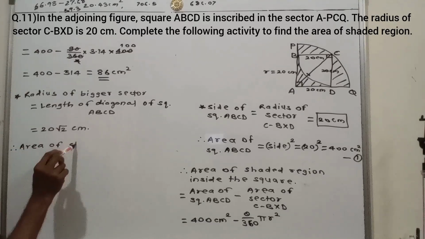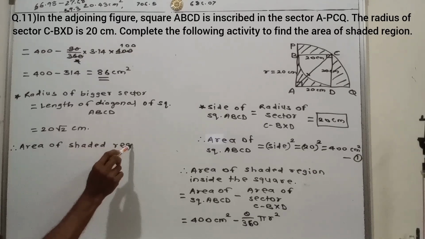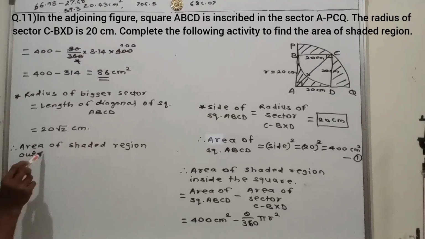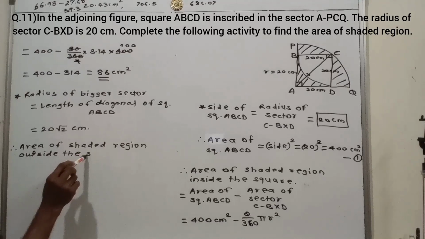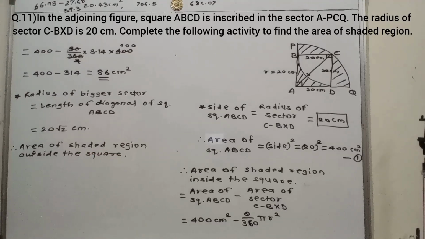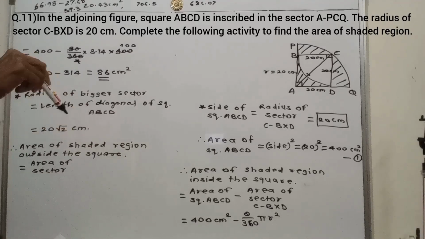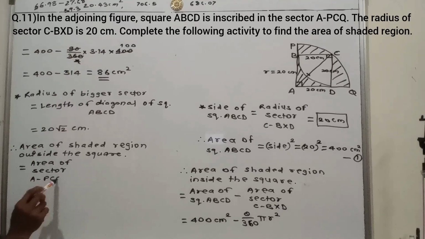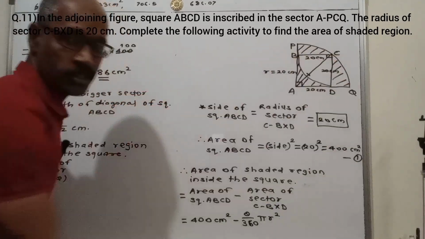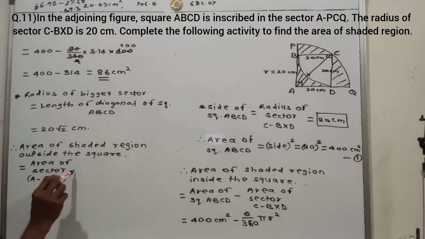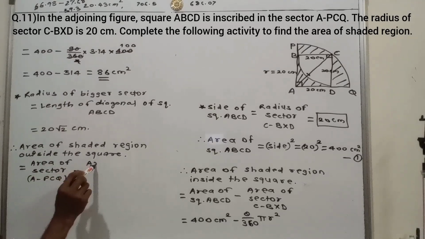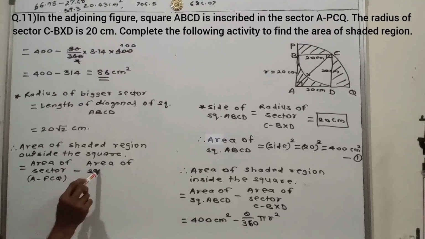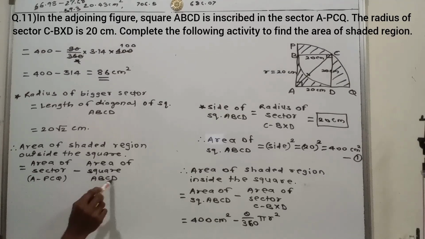Area of shaded region outside the square is equal to, by the given formula, area of sector, means that bigger one A dash PCQ, minus area of square ABCD.